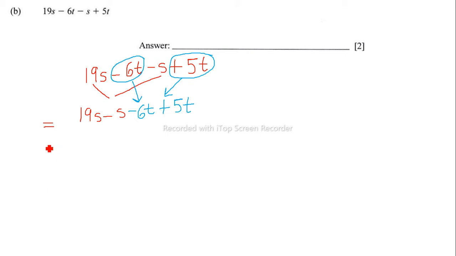Okay, so next we have 19s minus s. What is that? 18s. Just 18s, yeah. And then we have negative 60 plus 5t. It's going to be what? Negative t.